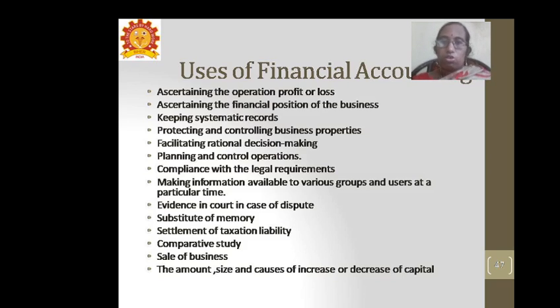So next, the various users of the accounting information. First and foremost is to ascertain the operations of the profit and loss. So we have the operating profit and the net profit after the interest and the tax, the GST and other taxes that are to be suitably filed. Then the net profit has to be ascertained, along with the financial position of the business.